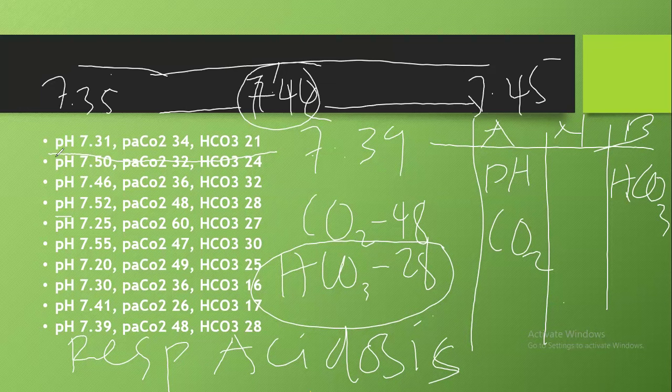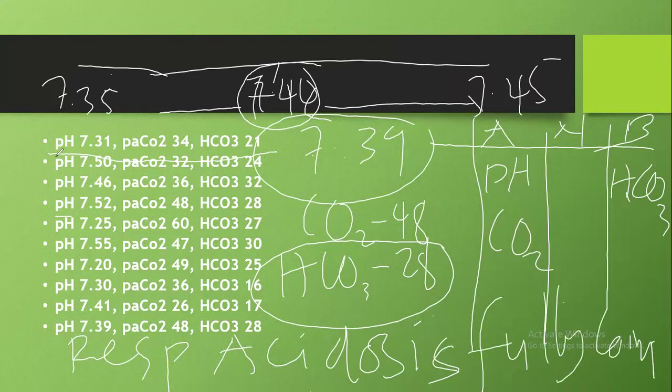That's why we said it is acidosis. You look at the pH and realize that it is within the normal, and because it is within the normal, we say it is fully compensated. So this one is respiratory acidosis, fully compensated or full compensation.